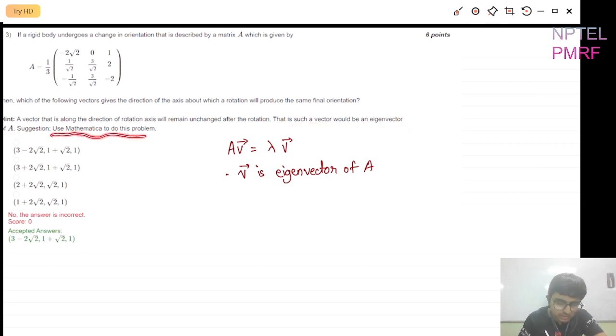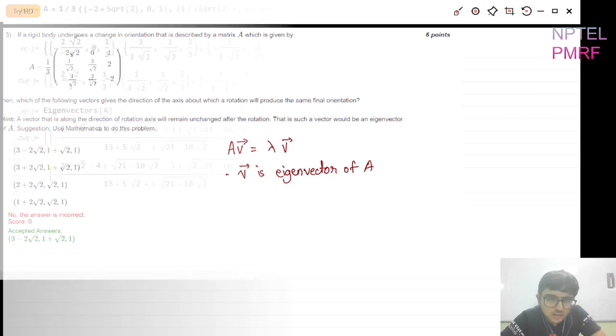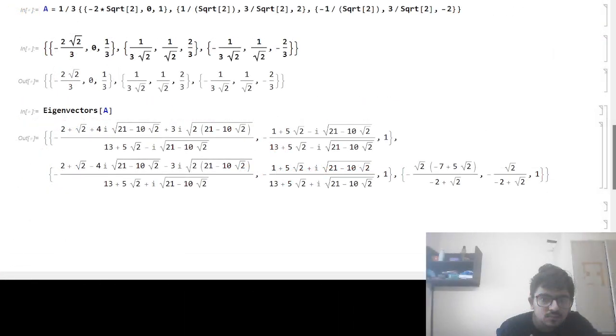The suggestion is to use Mathematica to do this problem. So let me just quickly show how easy it is using Mathematica. In the first line, as you can see, I've just given the value of the matrix. The curly bracket is how you give a list, and a matrix is a list of lists. So I give the first row, then the second row, then the third row. Then I just write Eigenvectors of A, where A is our matrix, and it spits out immediately these three vectors.